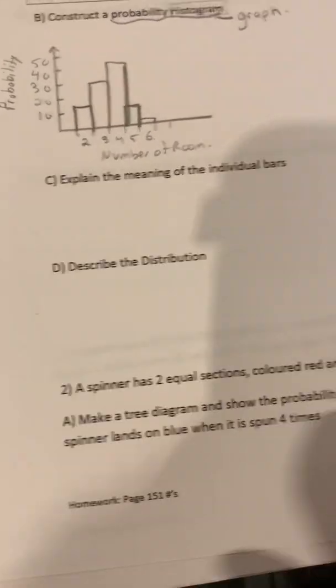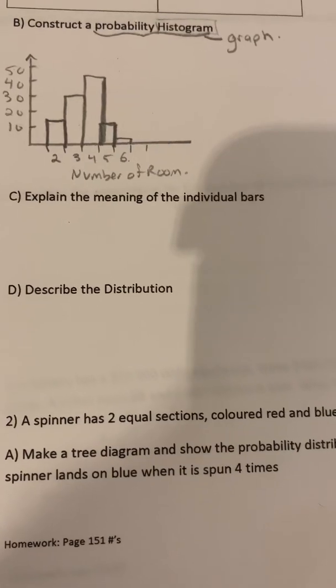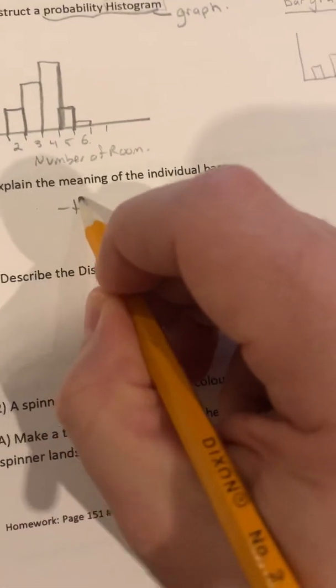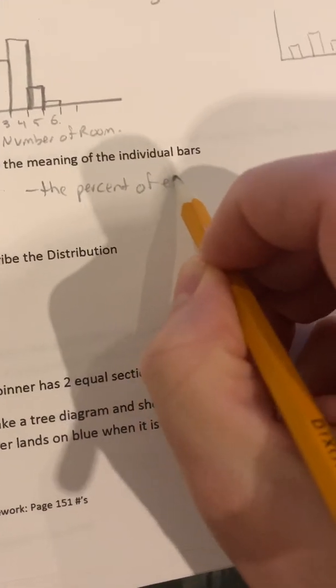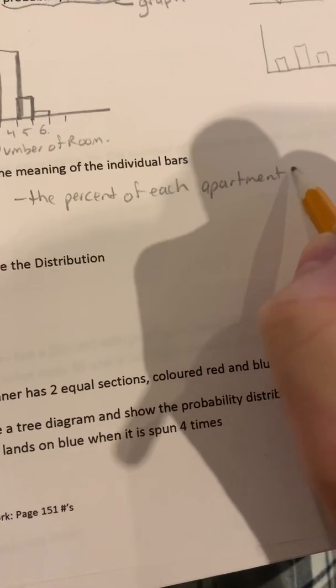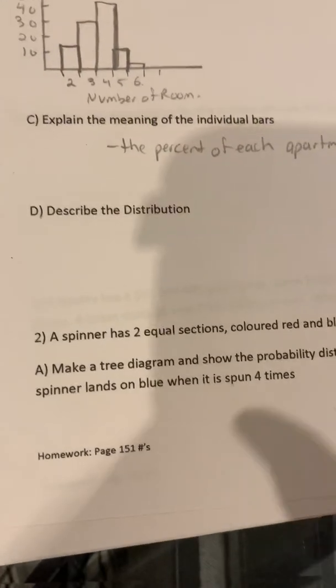Okay, C, explain the meaning of the individual bars. This is the percent for each apartment type. Okay, so it's just the percent of each apartment type. Okay, describe the distribution.